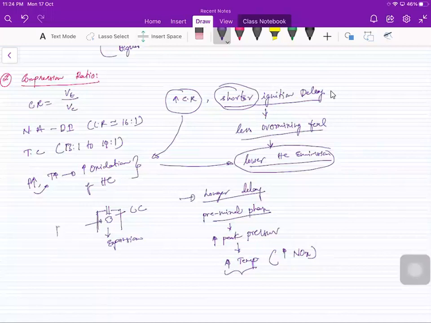Your pressure will drop, and correspondingly the temperature will also drop. So when there is lower temperature, again the NOx emissions will be reduced. But the other effect you get with this is very poor fuel efficiency.